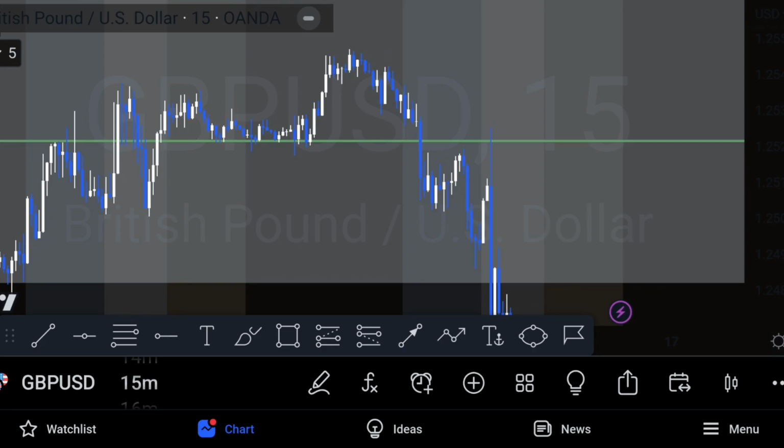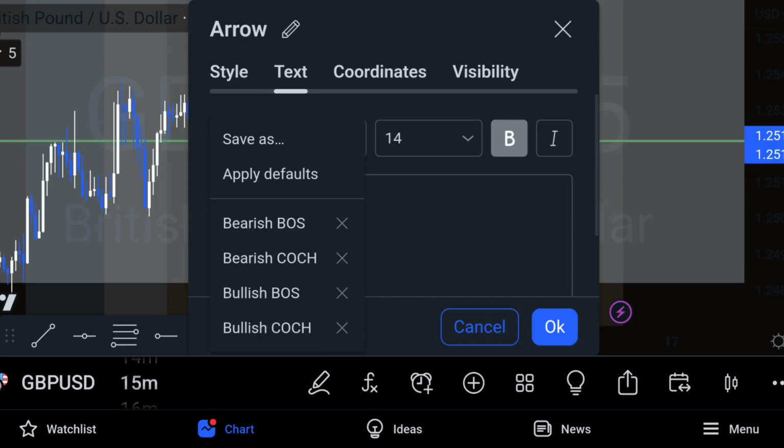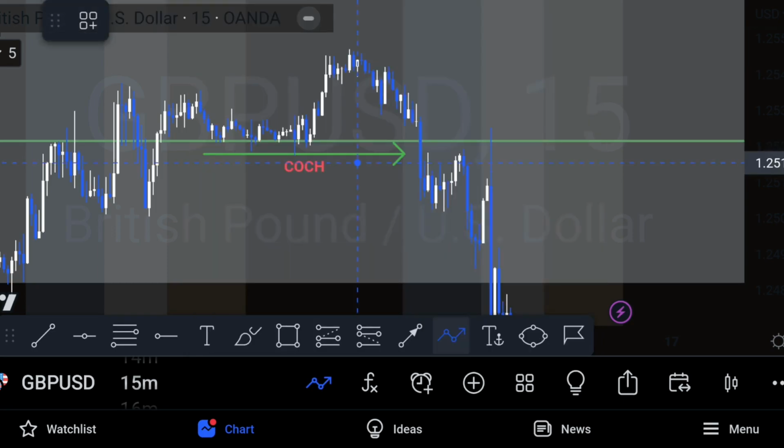We had this break of structure right here. When price broke this structure, this is the initial start of that bearish move after the reaction at the order block and supply zone.